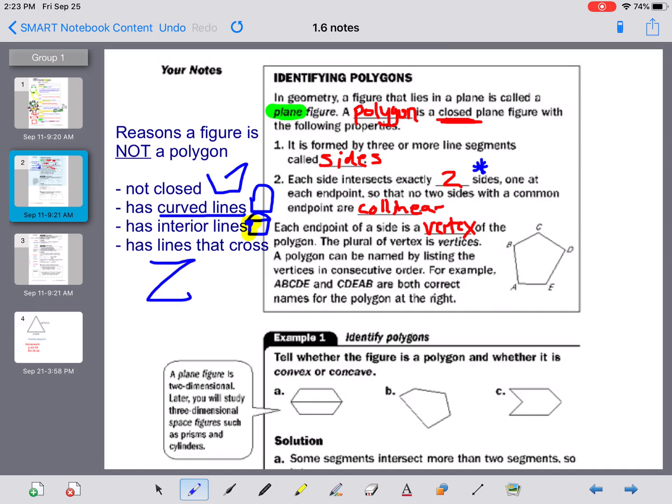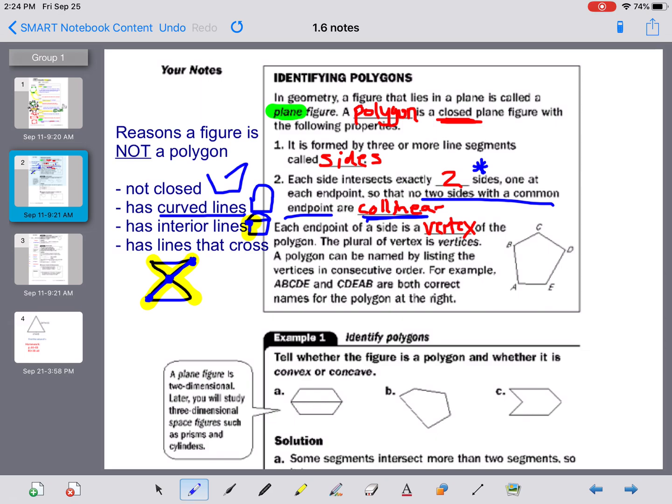The other one has lines that cross. If I try to tell you this whole shape is a polygon, you'll notice here that I have these lines inside that cross. That's not good, okay? And the reason that's not good is it says that no two sides with a common endpoint are collinear. So if this was a side and this was a side, these are all one big line or line segment, and I'm not allowed to be collinear or on the same line.